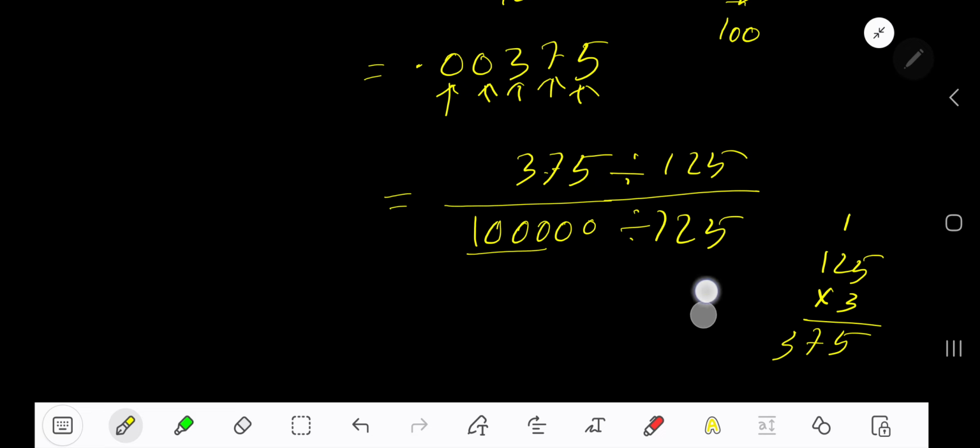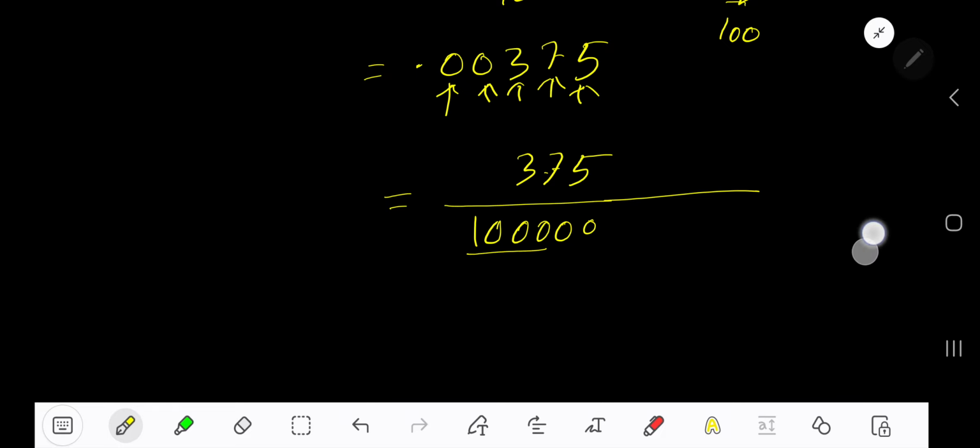If you want to simplify this fraction in several steps, then look, this is divisible by 5, and this is divisible by 5. If you divide this by 5, what will you get? 5 goes into 37, 7 times, 5 goes into 10, 2 times, add the number of zeros. Again, this is divisible by 5.